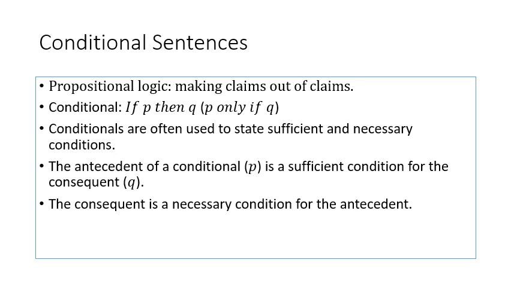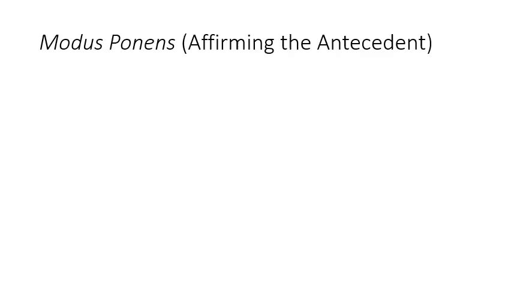So it has to happen, but it may not be enough for the thing to happen. Again, a sufficient condition is enough for something else to happen. A necessary condition is something that has to happen. So this plays a lot in our reasoning, thinking in terms of necessary and sufficient conditions, and so it's not a surprise that a lot of our arguments contain conditional sentences.